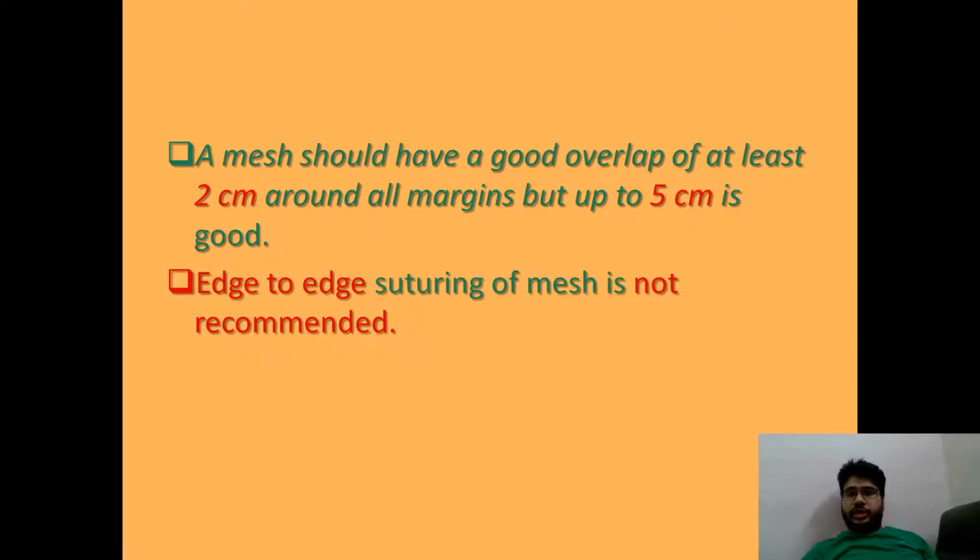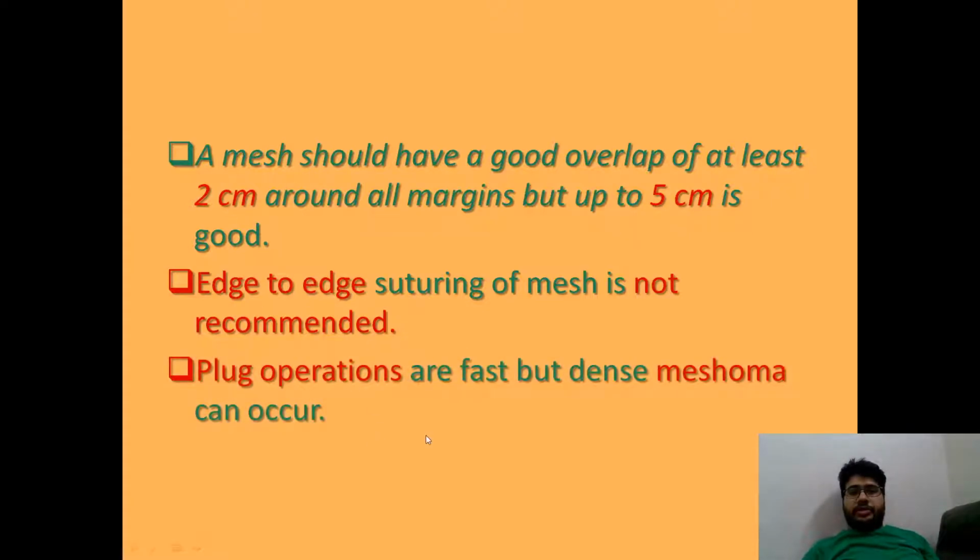Edge to edge suturing of mesh is not recommended because one of the properties is shrinkage of the mesh. So if we suture the mesh from edge to edge, it will shrink and the defect will increase in size. Plug operations are fast, but dense mesh formation occurs.